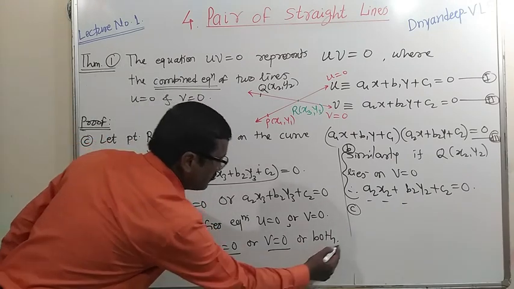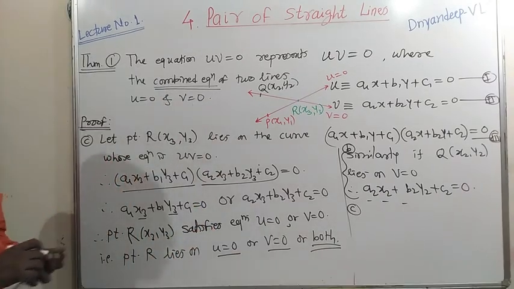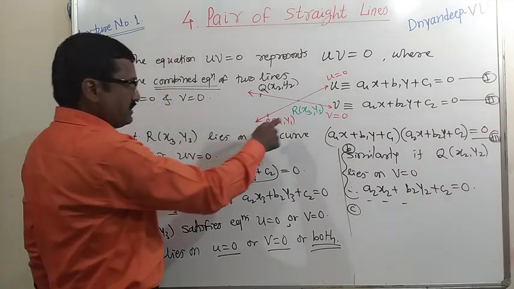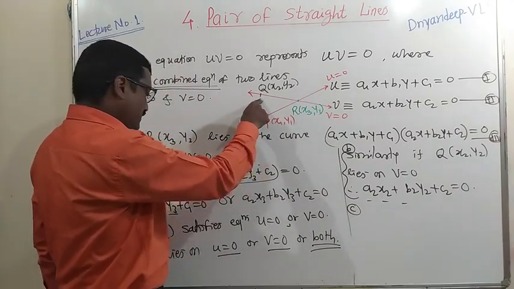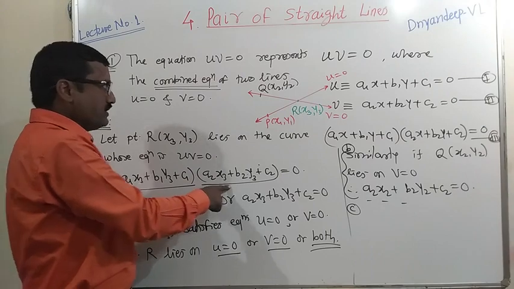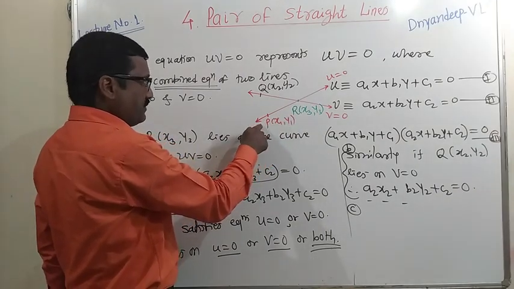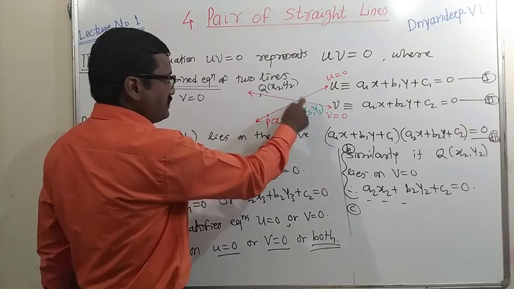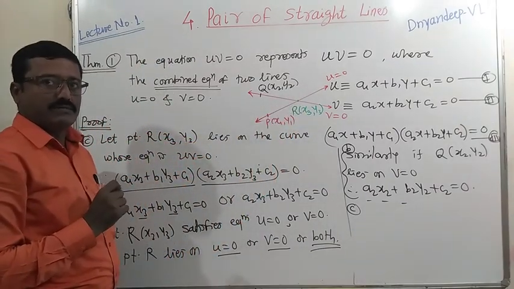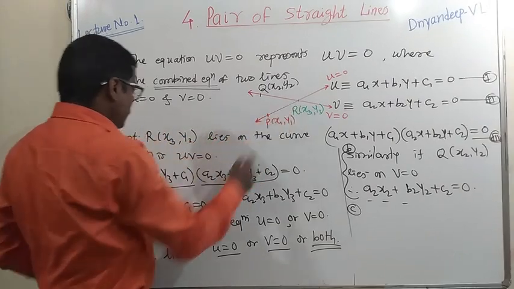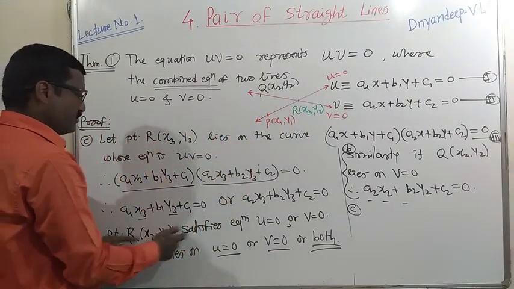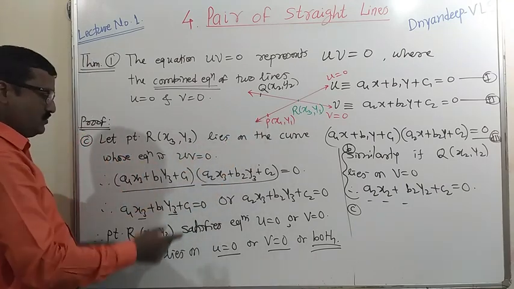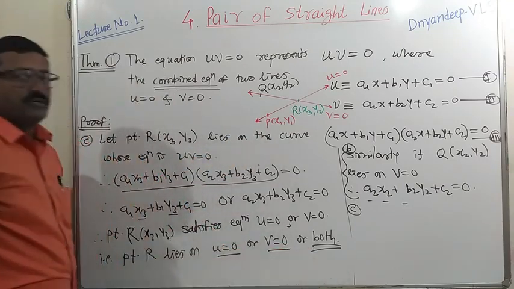Take these three meanings, because if you take any point (x3, y3) lying on both the lines, then we get the second bracket equal to 0. If point R lies on the first line, then we get the first bracket equal to 0. If the point lies on the intersection of these two lines, then the first bracket will be 0 and the second bracket will be 0, which means that point lies on both the lines u = 0 and v = 0.